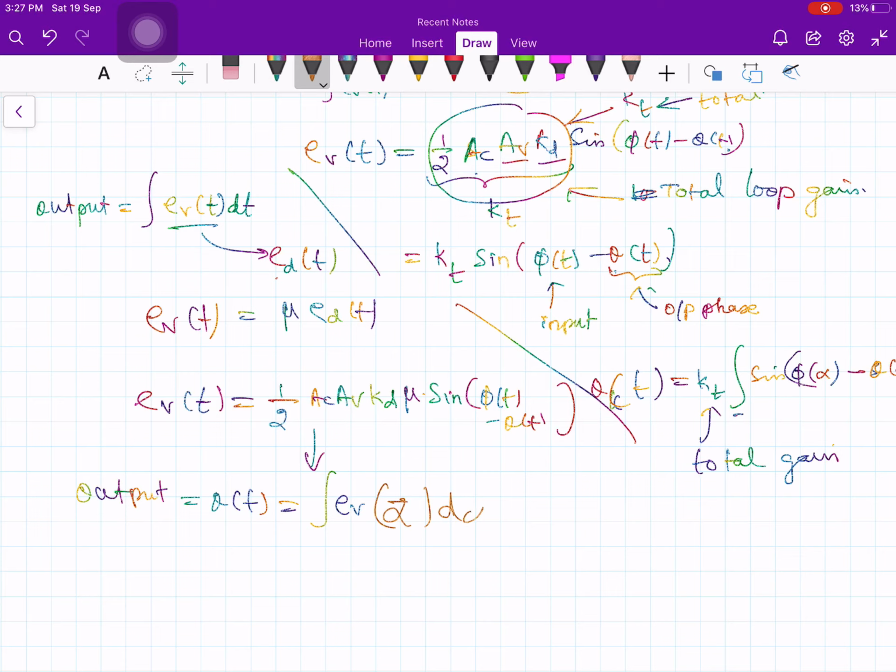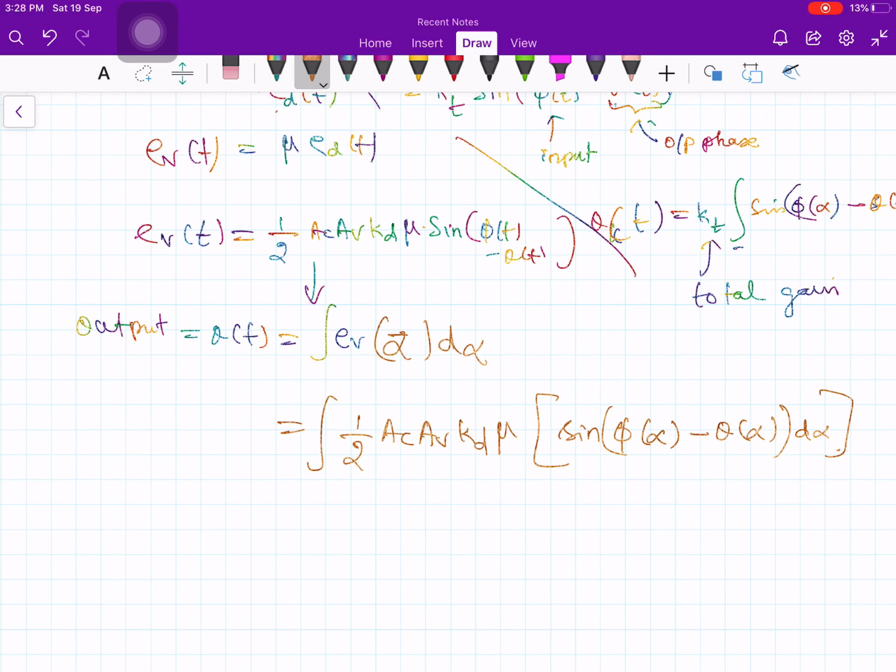So integral of 1 by 2 AC AV KD mu times sine of phi of alpha minus theta of alpha times d alpha.